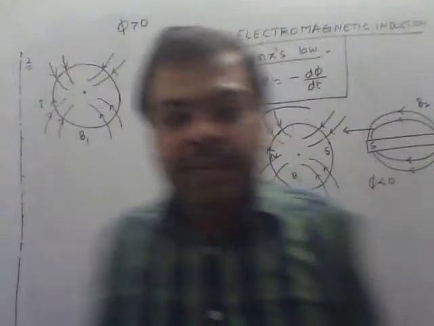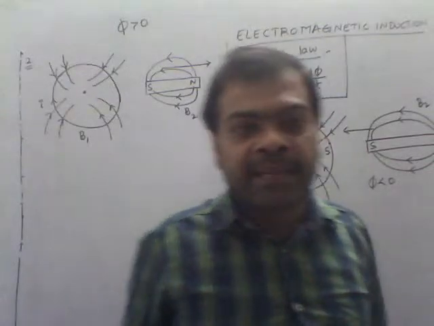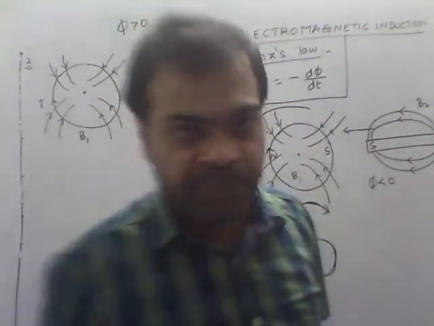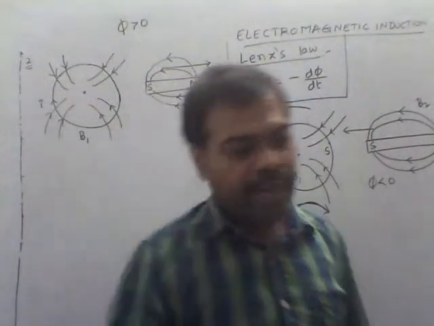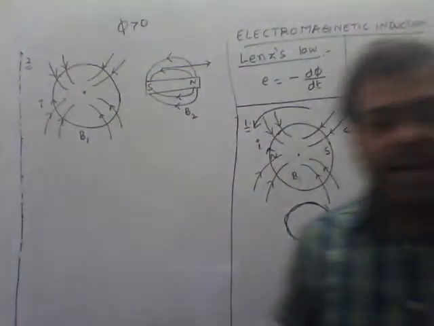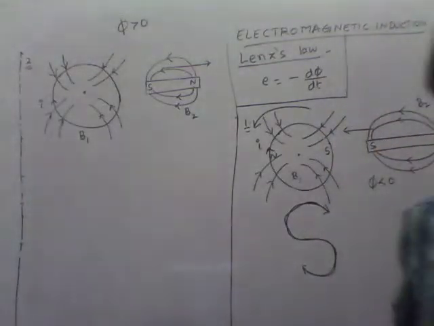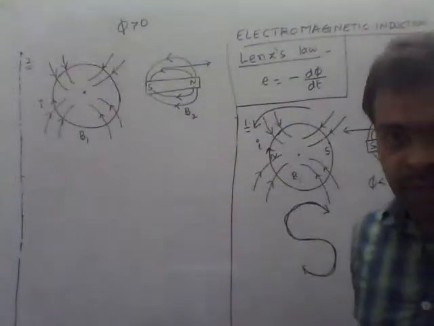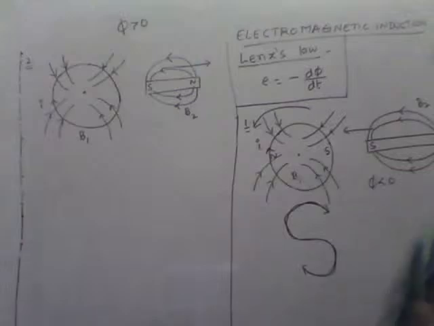Flux is nothing but the number of magnetic field lines passing perpendicular or normal to the surface area, which can be called magnetic flux. The number of magnetic lines of force passing perpendicular to the area of the coil, the area of the conductor, can be called magnetic flux.